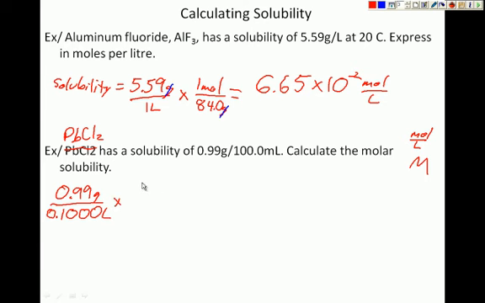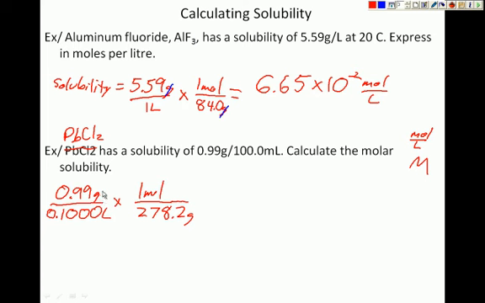And our molar mass is, well, 1 mole is equal to 278.2 grams. Okay, so lead 2 chloride has a molar mass of 278.2 grams. And again, same thing, 0.99 grams.